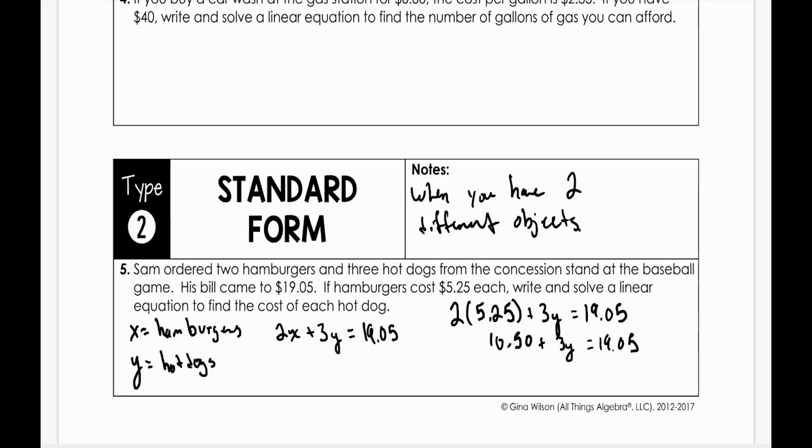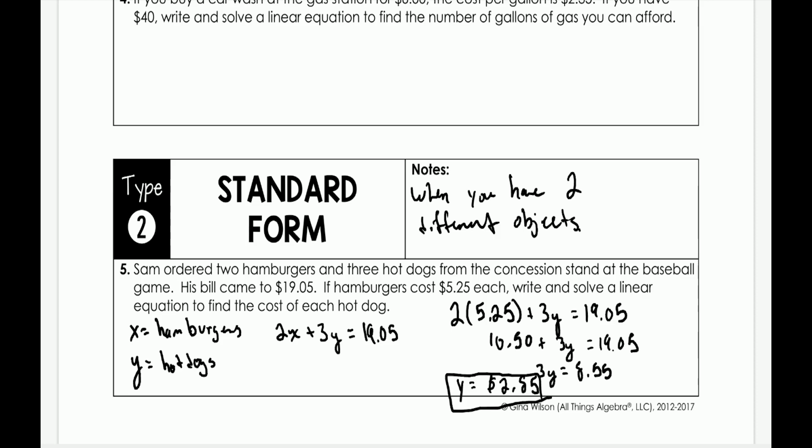If we subtract 10.5 from both sides, we have that 3y is equal to, what is that, 8.55? Yes, 8.55. And then if we divide everything by 3, we have that the price of hot dogs would be equal to $2.85.